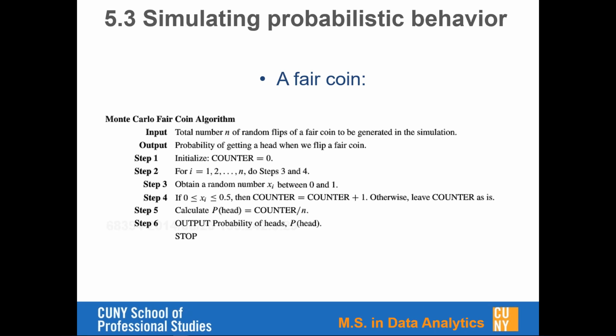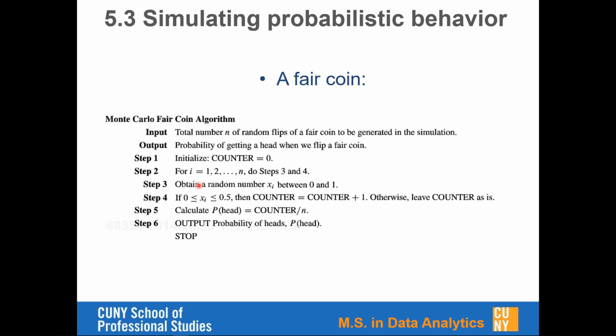So what you do is generate a uniformly distributed random number between 0 and 1, and define anything between 0 and 0.5 as a head, and anything larger than 0.5 as a tail. That way you would be able to simulate the process.